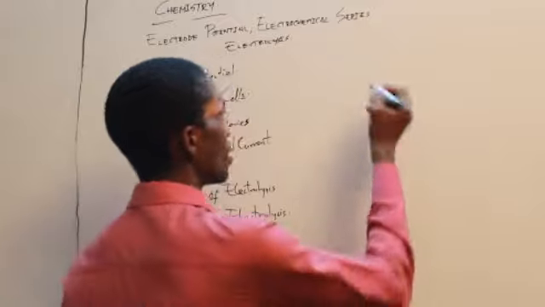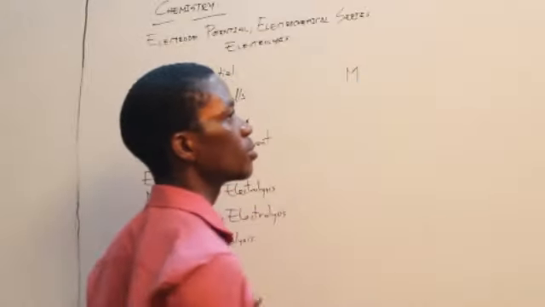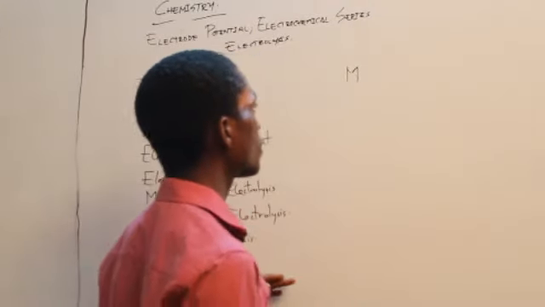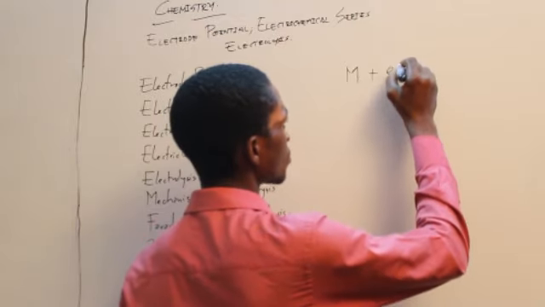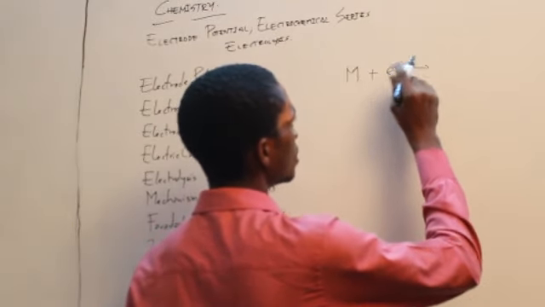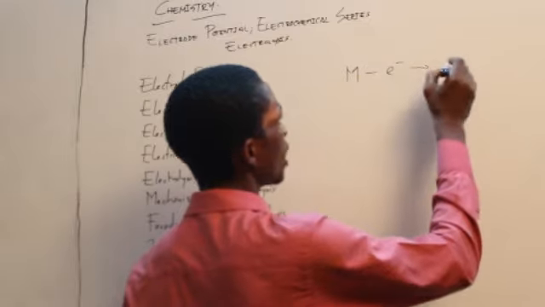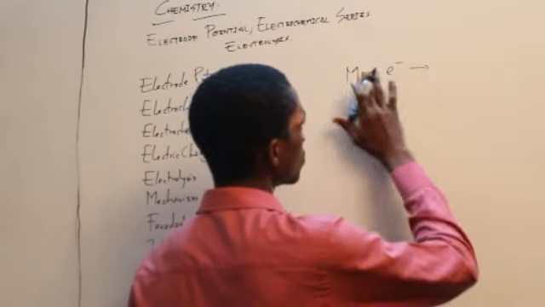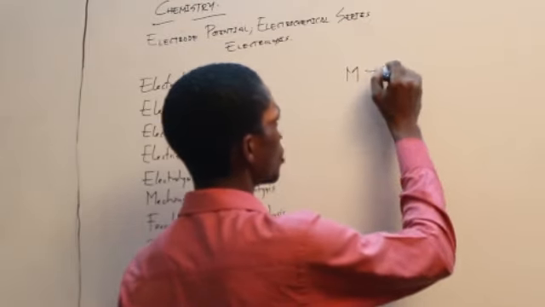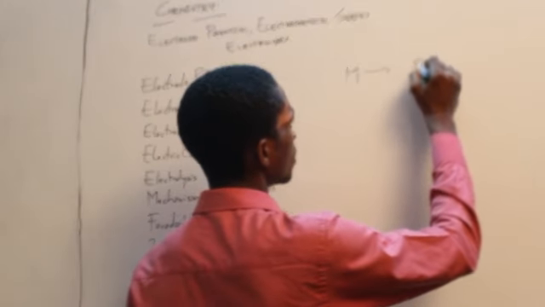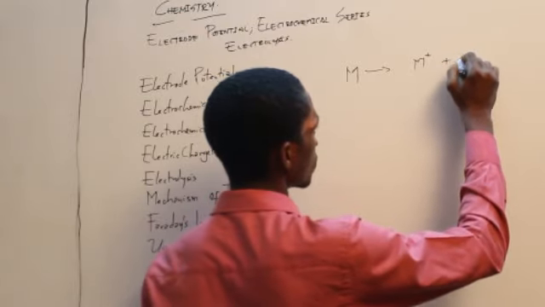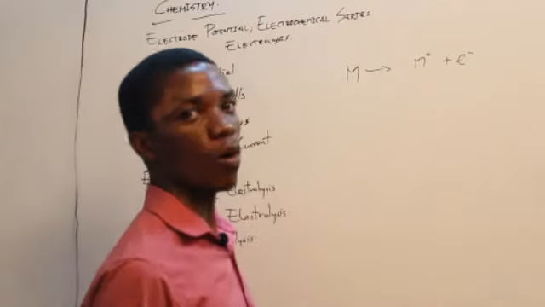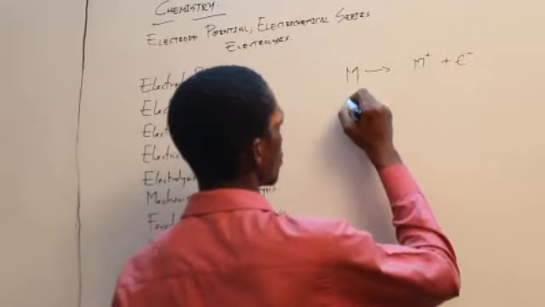Let's say the metal is M and it is univalent. There is a possibility of two things occurring. The first thing is that this M would give off electrons and it will become positively charged, or the reverse situation.